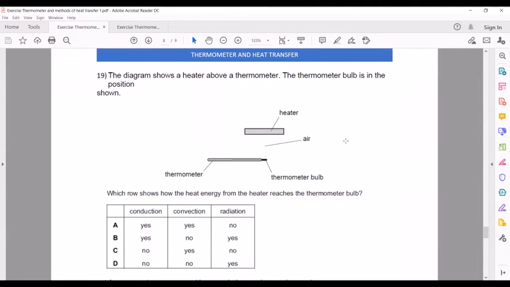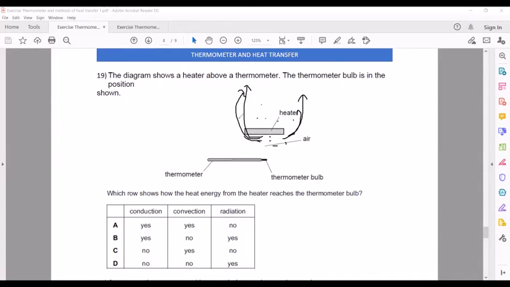In question 19, the diagram shows a heater above a thermometer. If the heater is above a thermometer, the hot air molecules will always rise up. So convection cannot happen, because in convection the particles rise up. If the thermometer was at the top, then convection would take place.